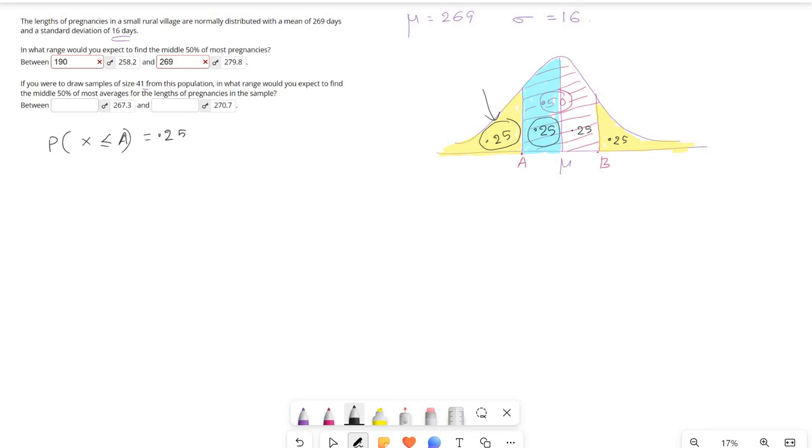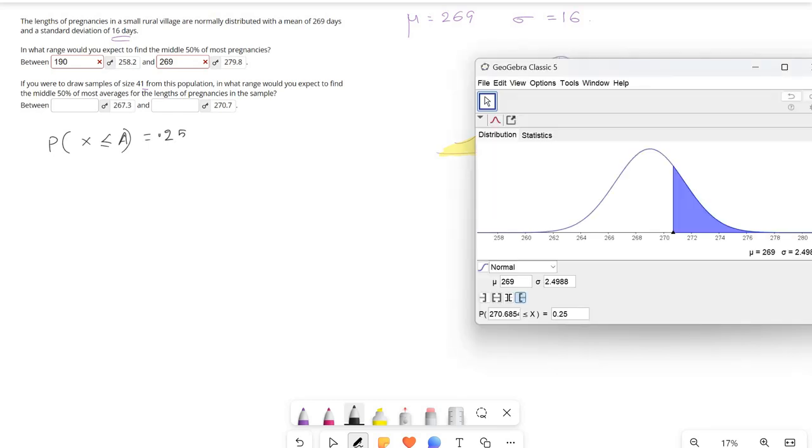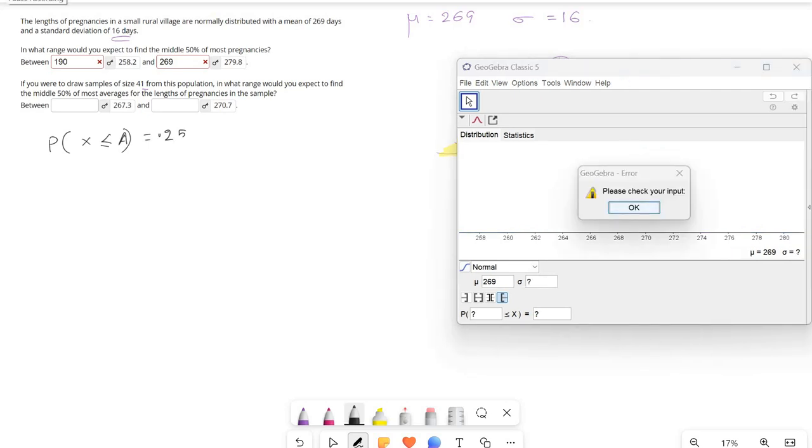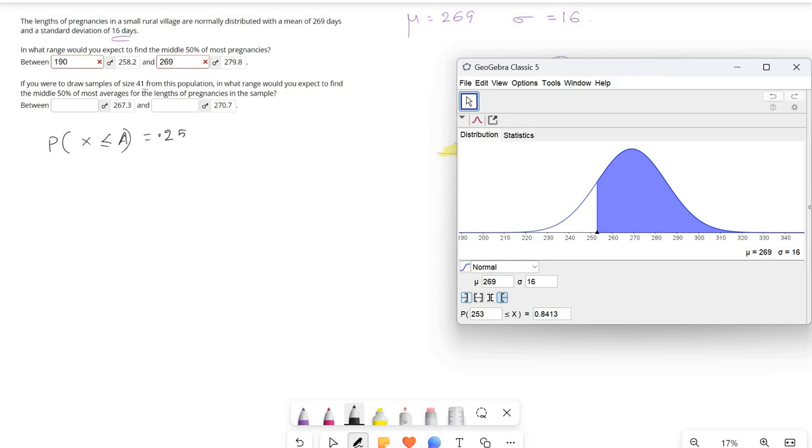To find A, we take GeoGebra and input 269 as the mean and 16 as the standard deviation. Then the area is 0.25.